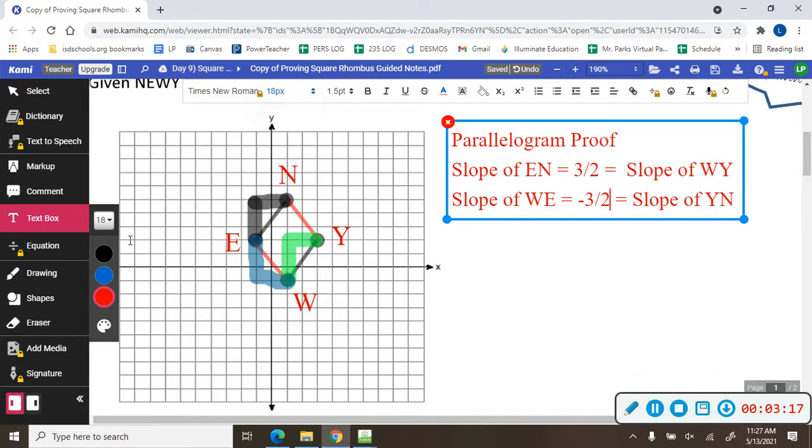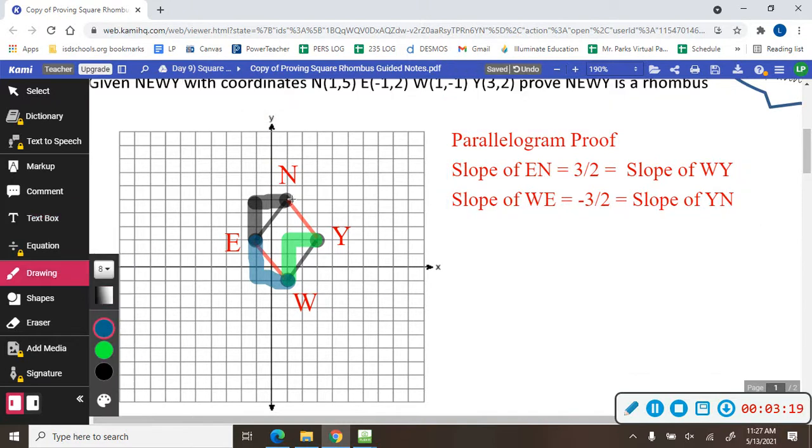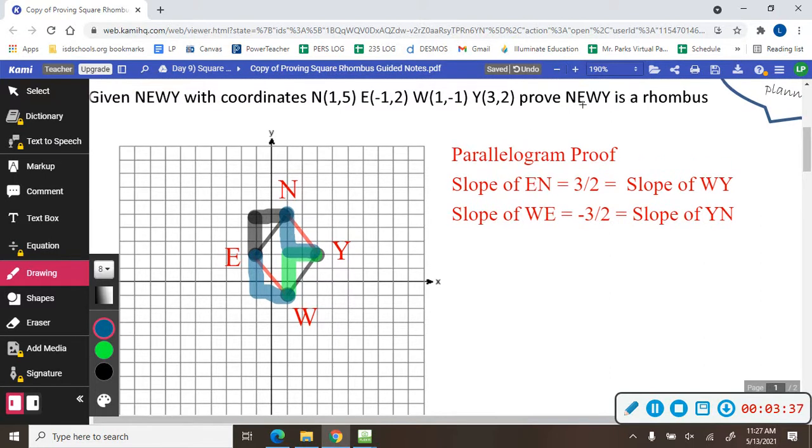And then going from N to Y, it's 1, 2, 3 over 2. So I just showed in my proof that both pairs of opposite sides are parallel. And because they're parallel, that's enough to prove that they're a parallelogram. So if they said, is NEWY a parallelogram, you'd say yes.